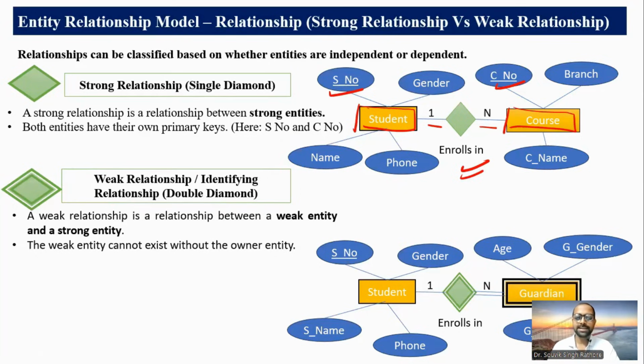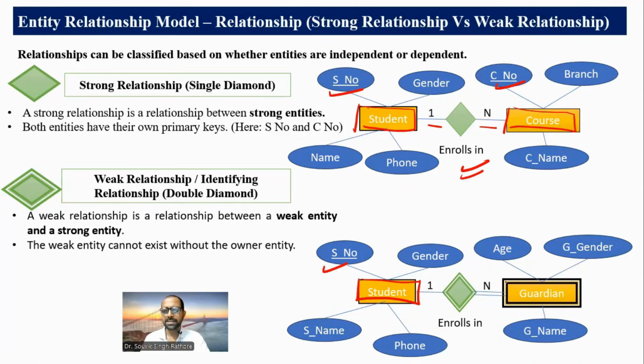Now, let us see the example over here. The student is a strong entity type. Why? Because it has its own primary key called S number. And then you see another entity type called the guardian entity type. But it is a weak entity type. The important question is why guardian is a weak entity type.